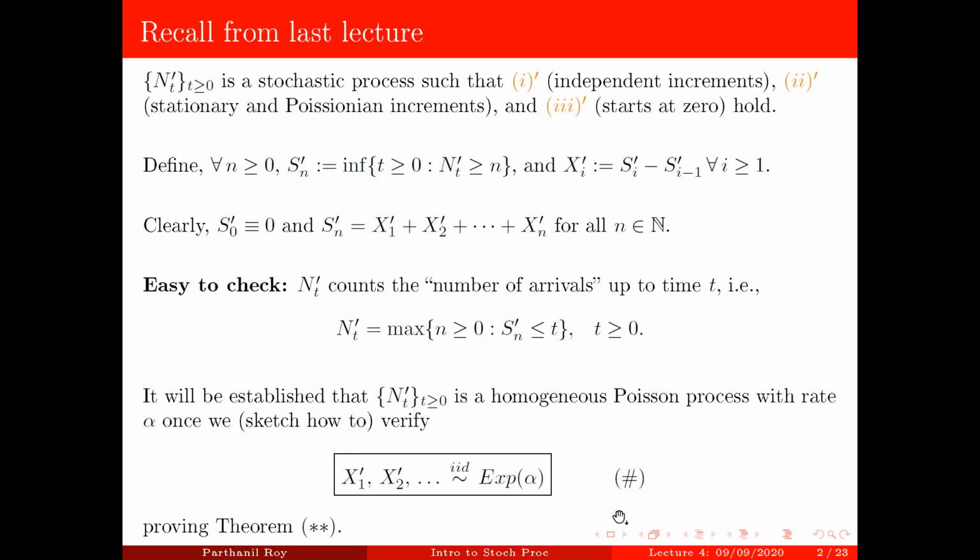This is what we call the equation hash. And of course, once this is done, this proves theorem star star, which says that if N dash t is a process satisfying 1 dash, 2 dash, and 3 dash, then it has to be a homogeneous Poisson process with rate alpha.